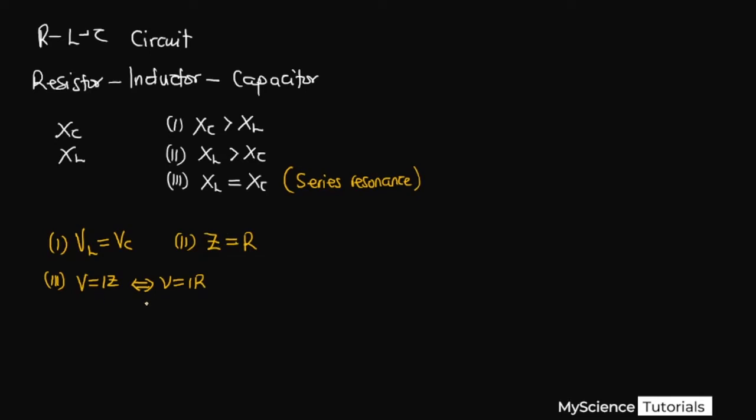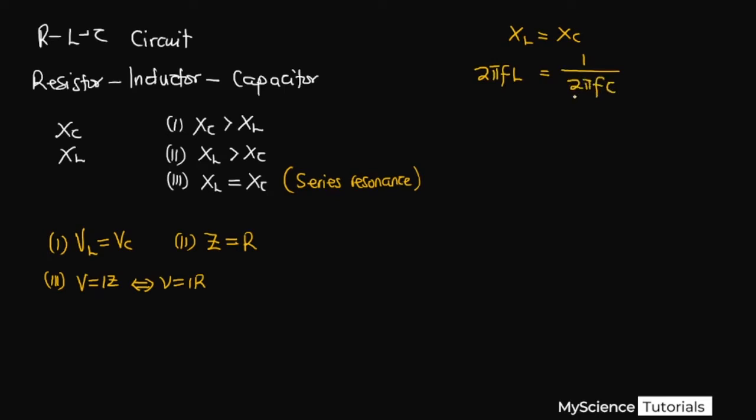Now, because the capacitive reactance is equal to the inductive reactance, let's look at what happens. When XL is equal to XC, we know that mathematically XL is given as 2 pi FL, and this is equal to the capacitive reactance, which is 1 over 2 pi FC.